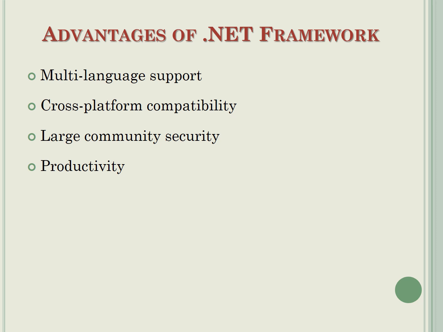So .NET framework includes a variety of security features such as code access security and digital signature, which can help protect applications from malicious attacks. The last one is productivity. The .NET framework includes a large set of pre-built libraries and tools that can help developers save time and improve productivity.